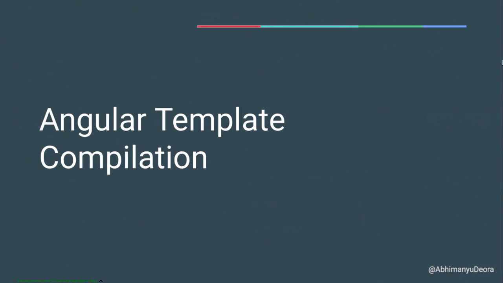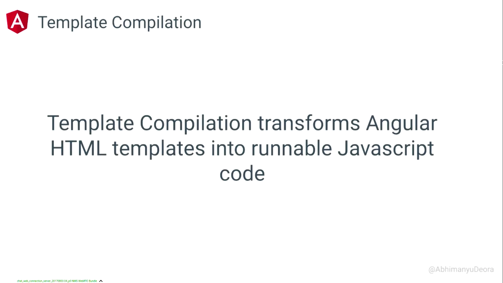So what is Angular template compilation? Well, as you all know, the magic of Angular is that you can extend HTML by adding data binding properties. You can add iteration over objects with ng-for, conditionals with ng-if, all that magic that makes applications really nice to write in Angular. So the template compilation step transforms these Angular HTML templates, which the browser can't natively understand because they have all these additional properties, into runnable JavaScript code that the browser actually knows how to execute.